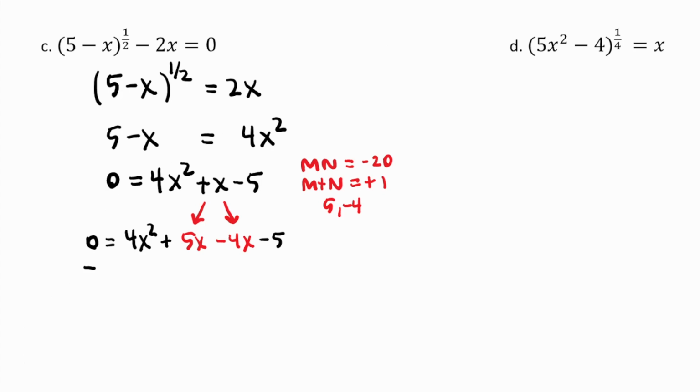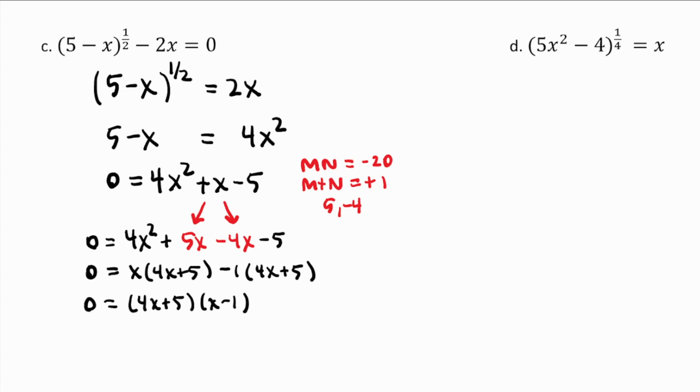And then I'm going to do some group and factor. So I'll have 0 equaling what's common to both of these, just the x. And I'll have 4x plus 5. And then over here, just the negativity is common, so I'll factor out a negative 1. Get 4x plus 5, that's a good sign. Factor out the 4x plus 5. Be left with an x minus 1. And I've got this thing factored up real nice.